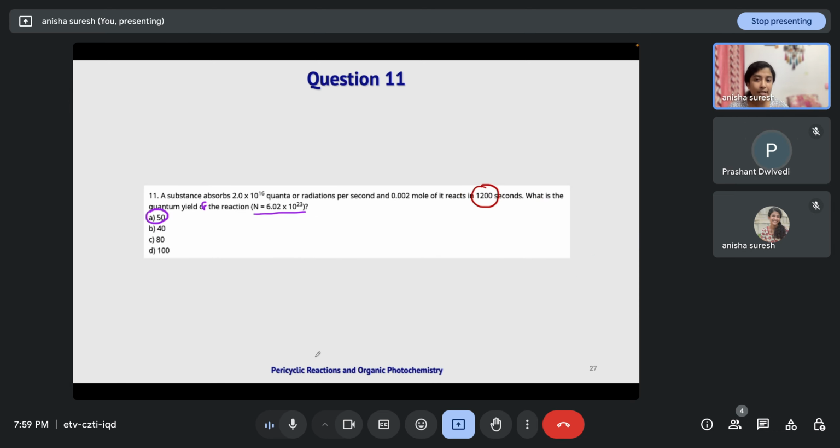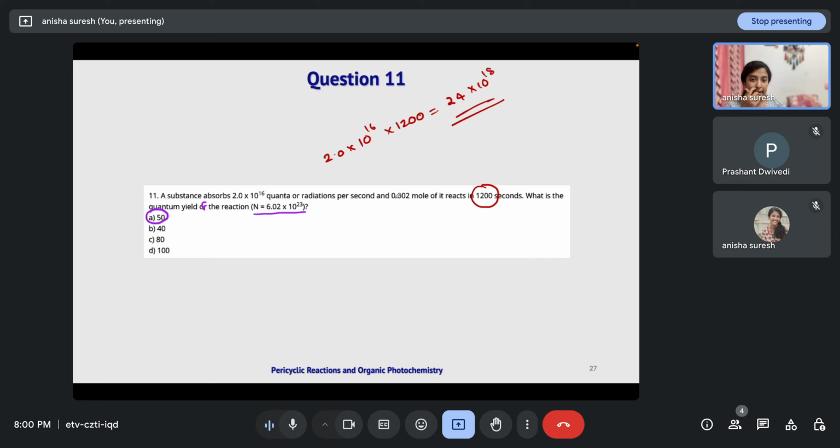So we have to see each detail that is given in the question. Here they have given 2 into 10 power 16 quanta per second is absorbed, so we have to multiply it with the total number of seconds. So we are calculating the total quanta like this: 24 into 10 power 18 is the quanta absorbed.